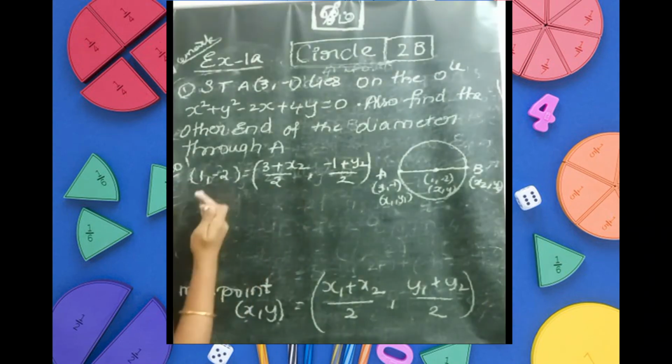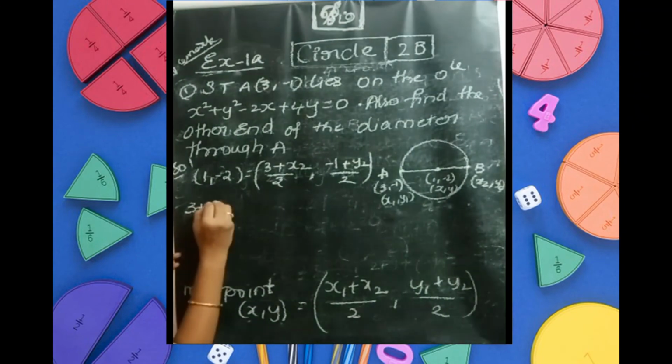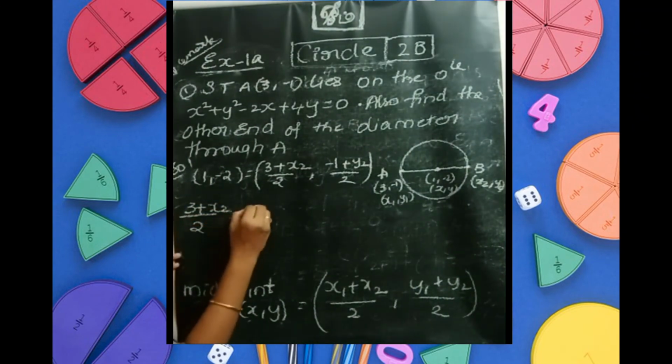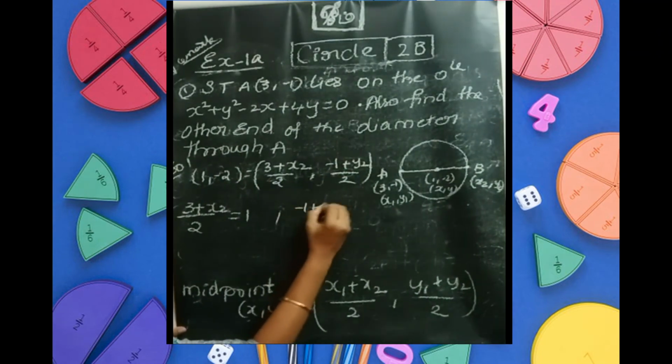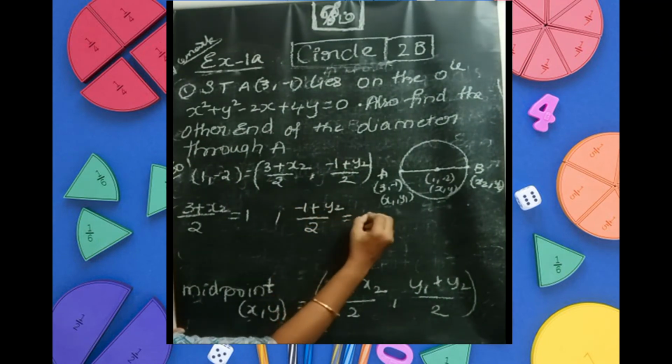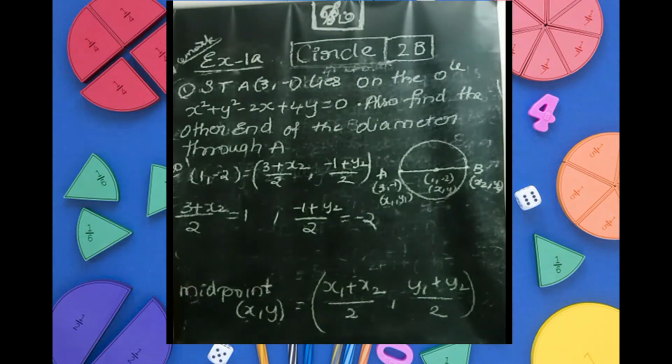Now we have to equate. So 3 plus x2 by 2 equals 1, and minus 1 plus y2 by 2 equals minus 2. We have to simplify.